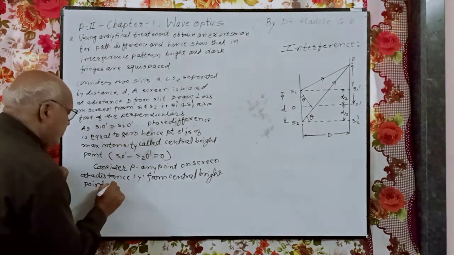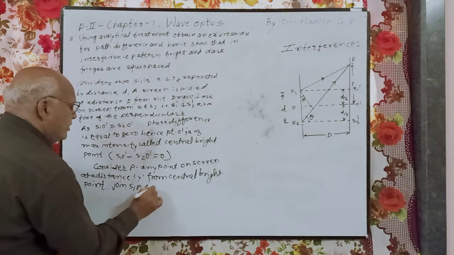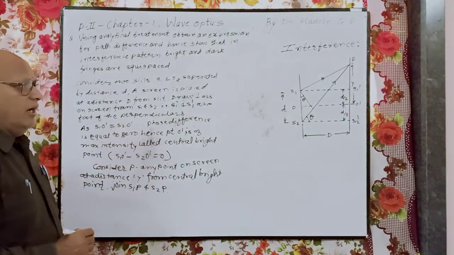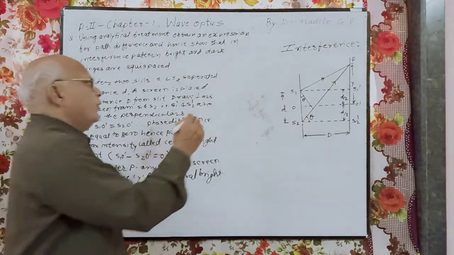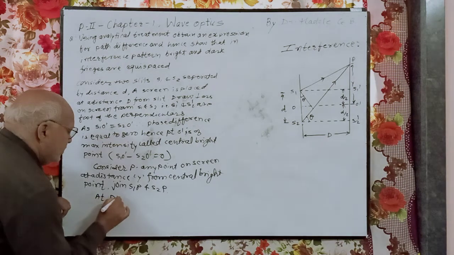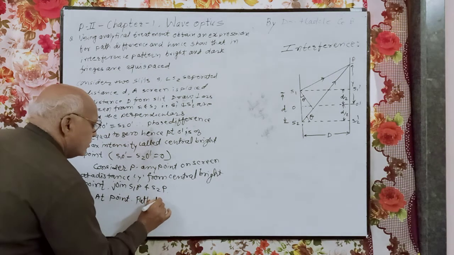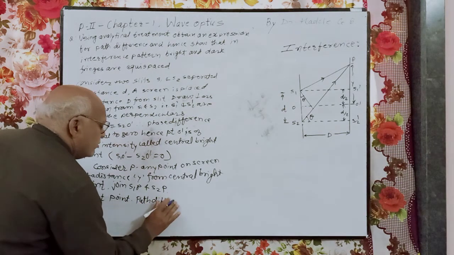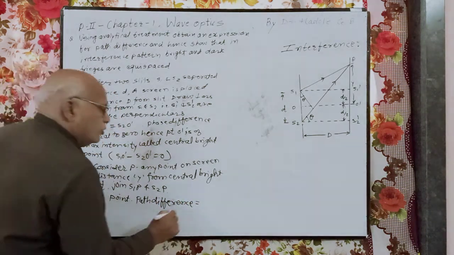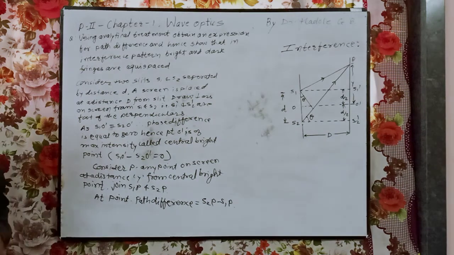Join S1P and S2P. Now at point P, the path difference is equal to S2P minus S1P. This is the path difference.